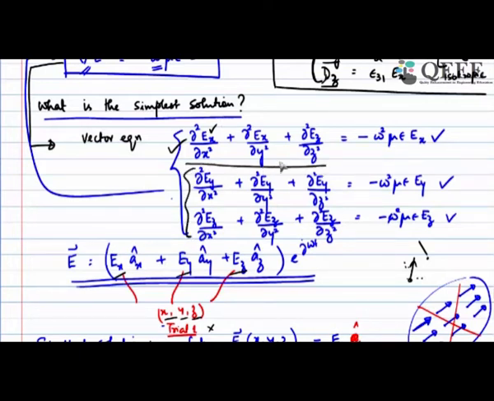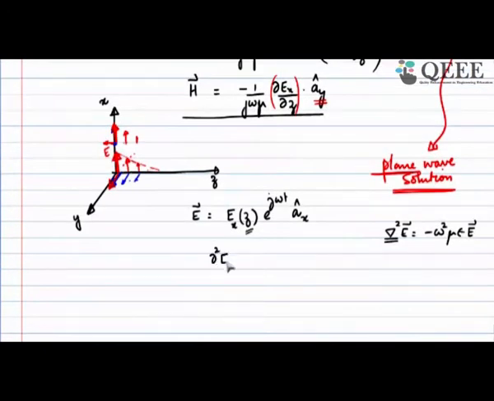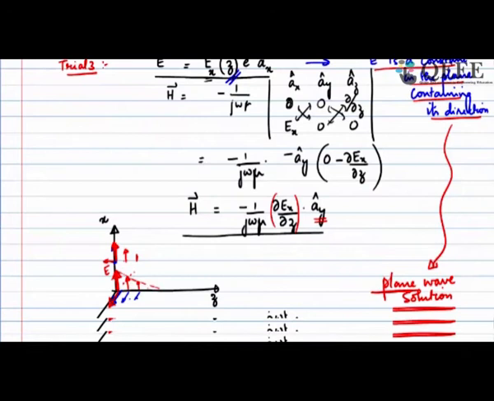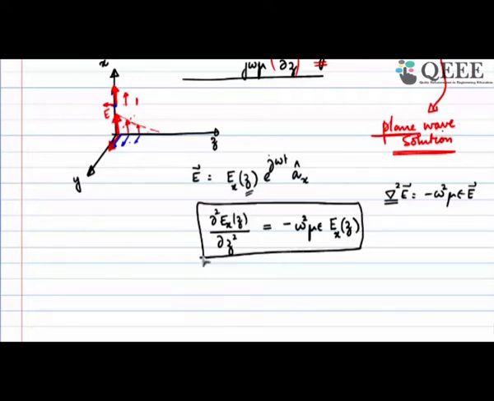And even in these 3 terms, my variation is not along x and y, so I have only this term surviving. So I have my wave equation as del square Ex(z) by del z square equal to minus omega square mu epsilon Ex(z). This is the wave equation that I need to solve, which satisfies the simplest trial solution.